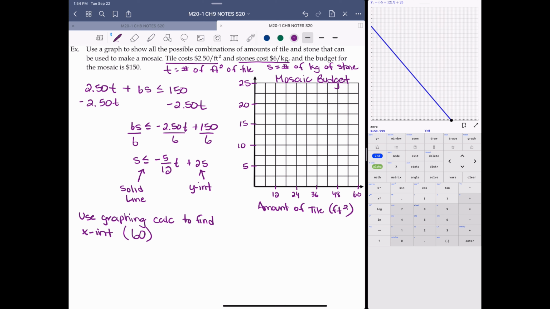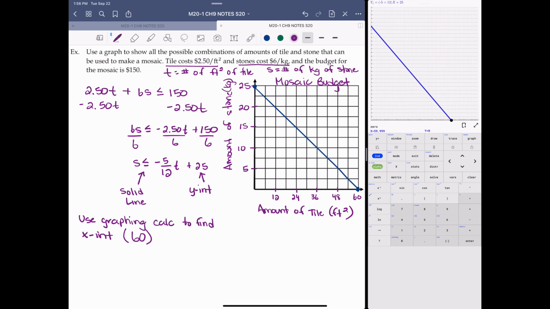And that is amount of stone in kilograms. Okay, our y-intercept is at 25. Maybe I'll do my graph in a different color. Our x-intercept is at 60, and we can join those points with a line.